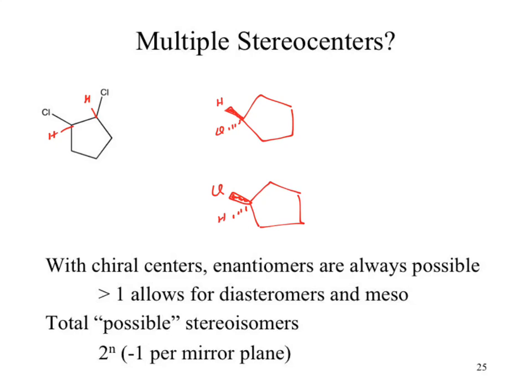Now what I'm going to do is shift the other direction to the side. I'm going to maintain the geometry at that first one. So there's my wedge for my chlorine. And my other position now could have been wedged chlorine, or it could have been dashed chlorine.